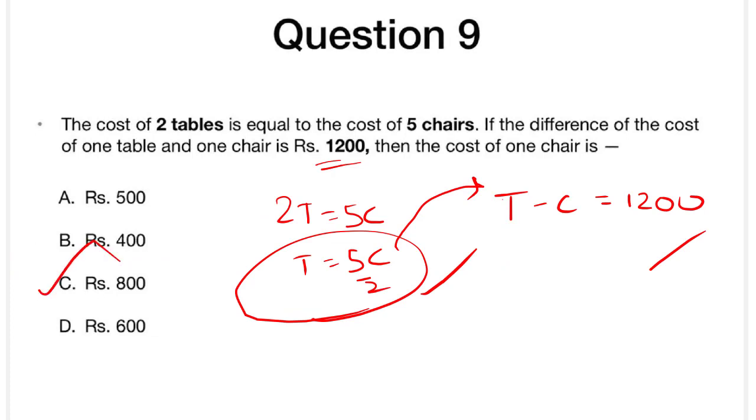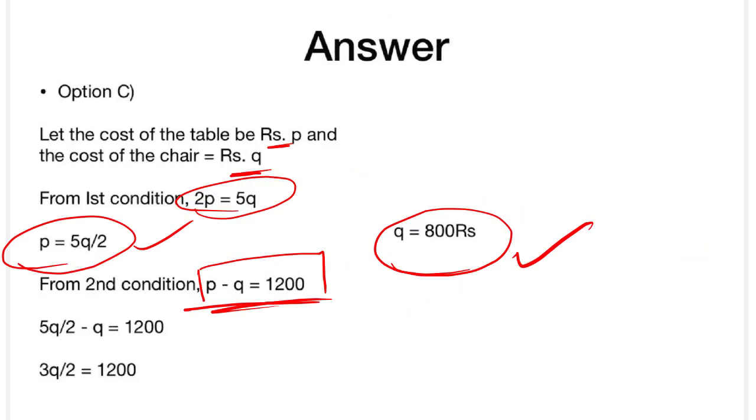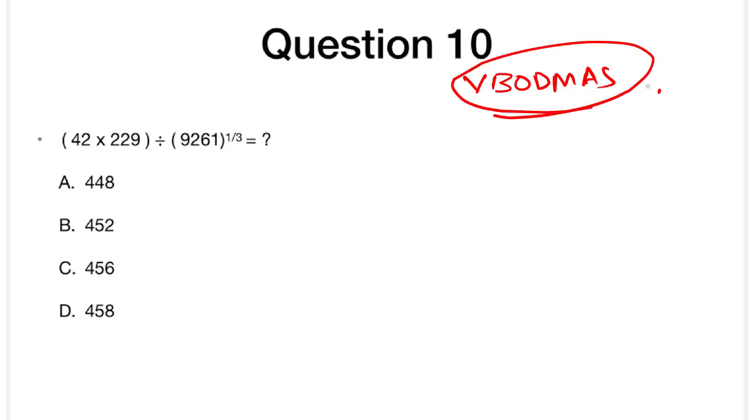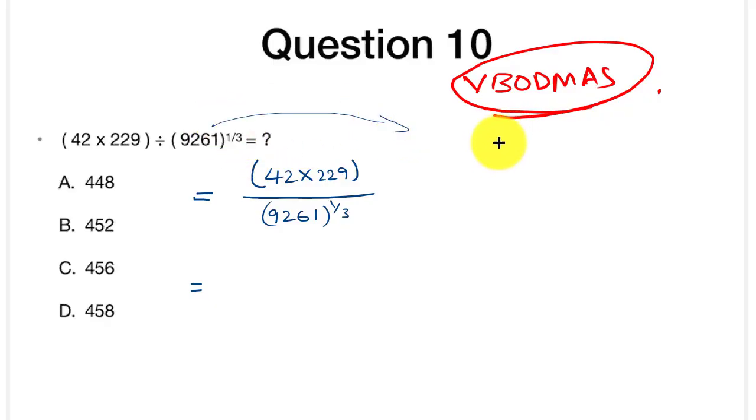Going ahead, this is the next question, and it's really simple. I'll tell you a technique for finding the cube root. For 9261, just take the last 3 digits.